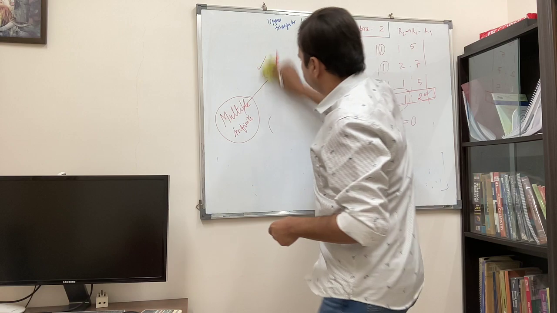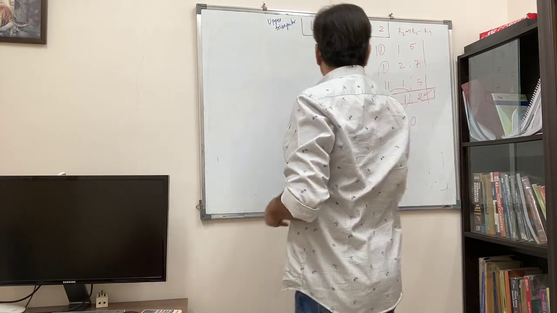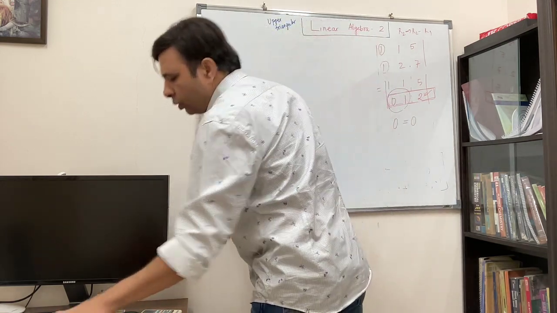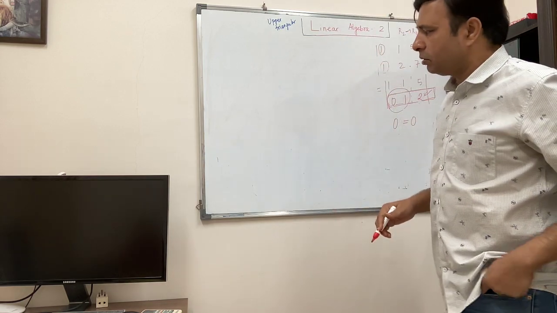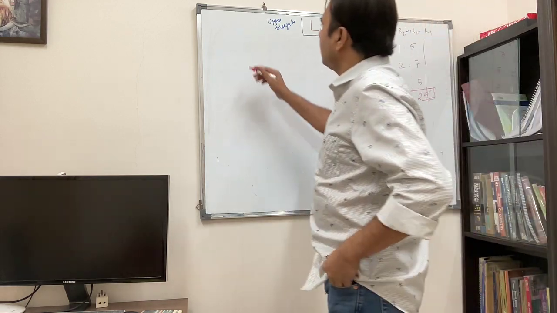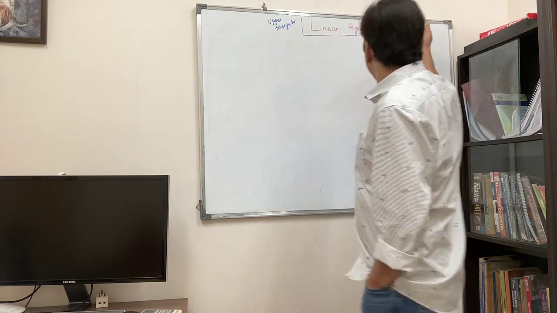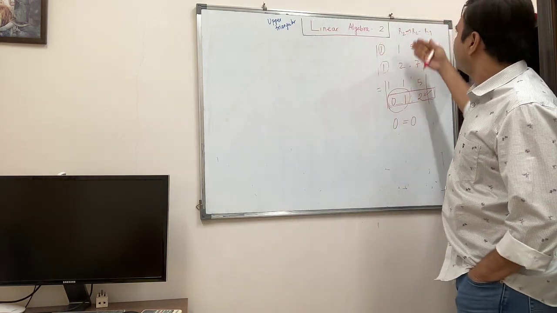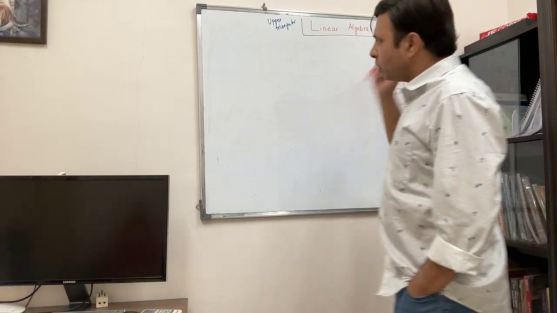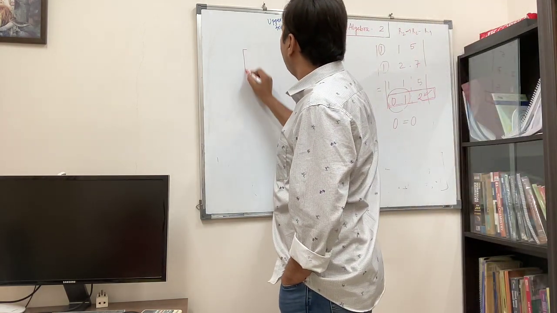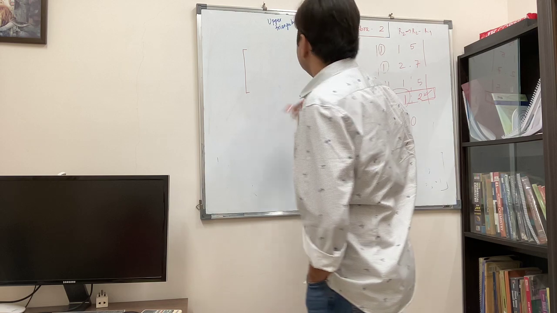Okay, so let me define a particular form to know whether there exists a particular solution or not. What we are doing here in the matrix is row operations. So if we have a certain form of matrix, what is the form?